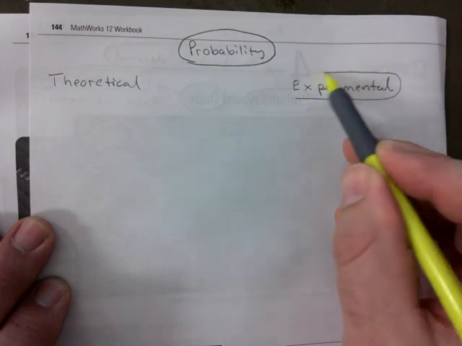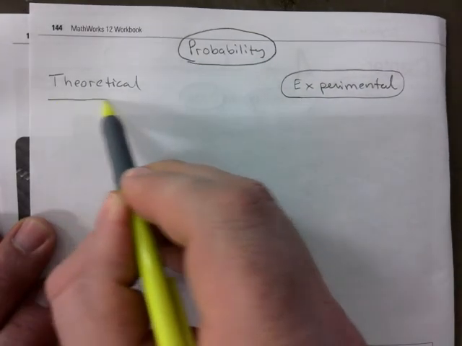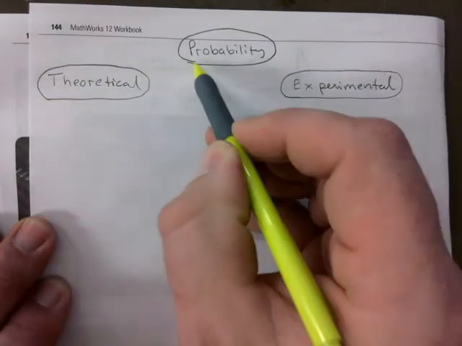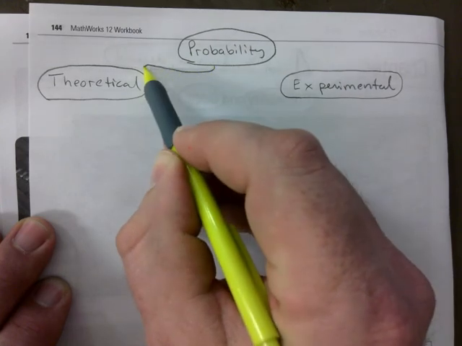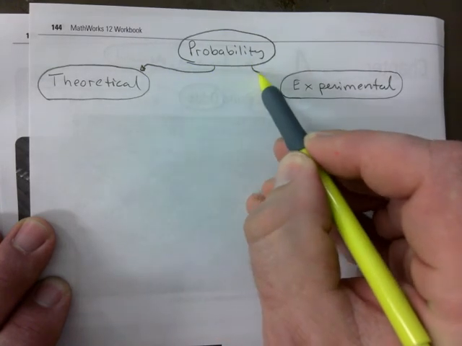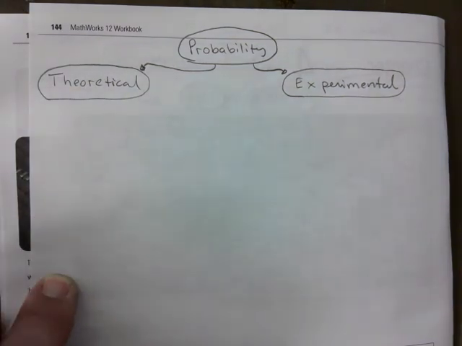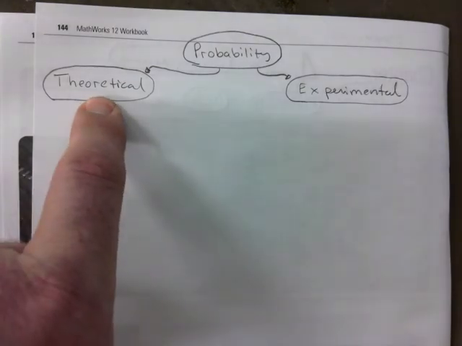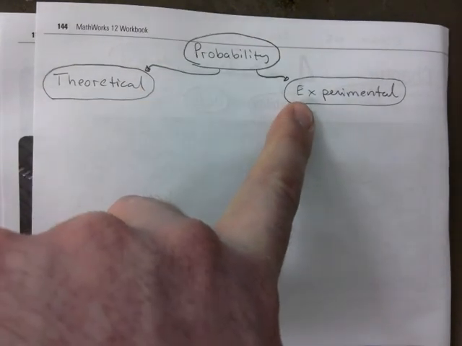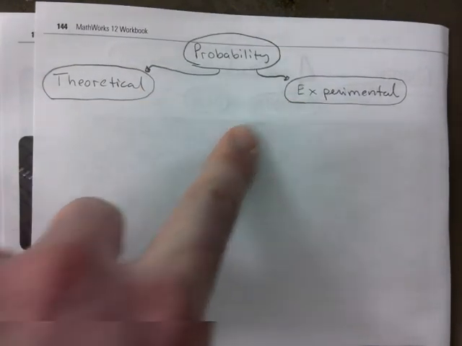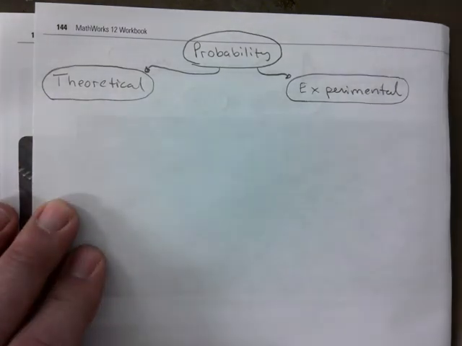On 144 at the top, there are two different types of probability, and I will ask you in very clever ways. I will ask you, hey, give me the theoretical probability, and then give me the experimental probability. And it's going to be you understanding the difference between them.